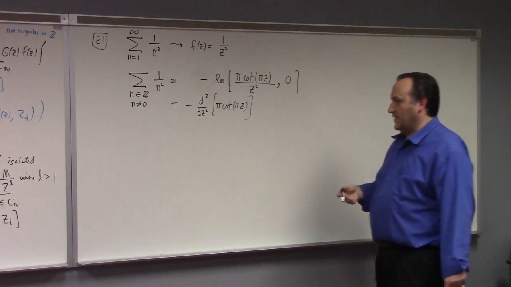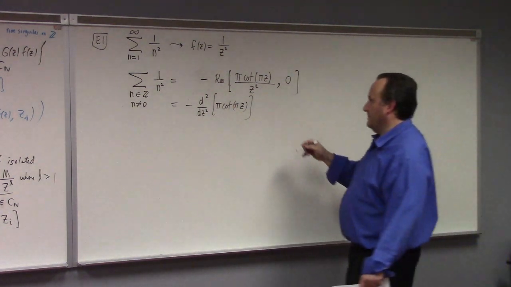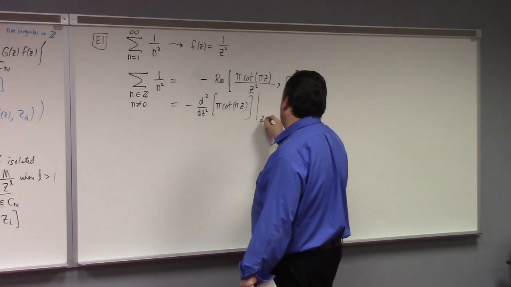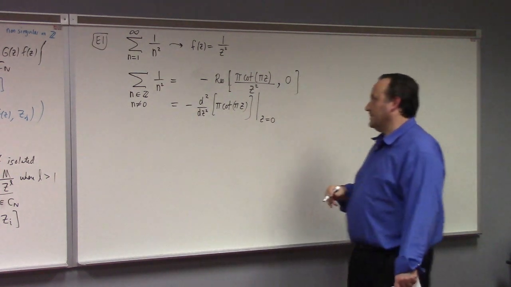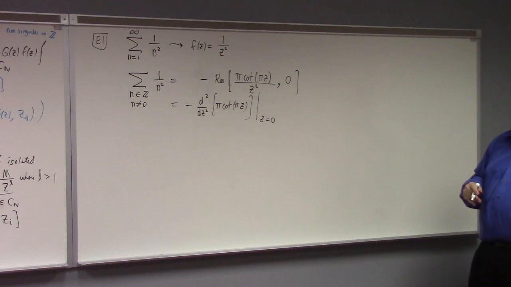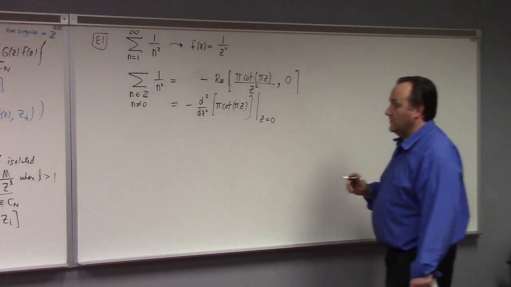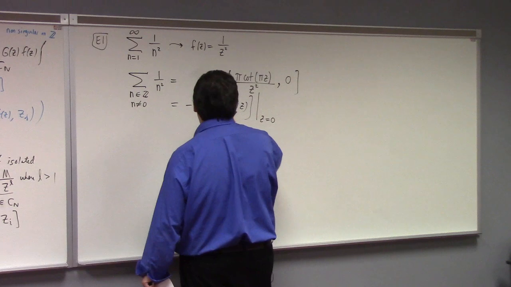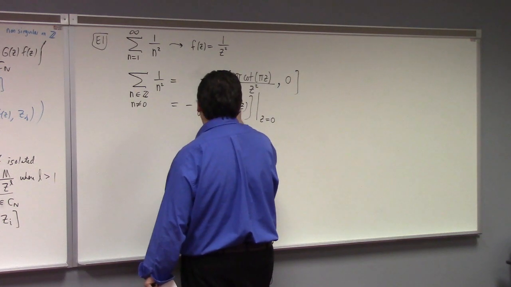By our residue rule, we're supposed to evaluate at z equals 0, yeah? Oh wait a minute, what am I supposed to do? For a triple pole, am I supposed to multiply by z squared, or z cubed? Z cubed. So I'll get my rules right eventually here. Z cubed.